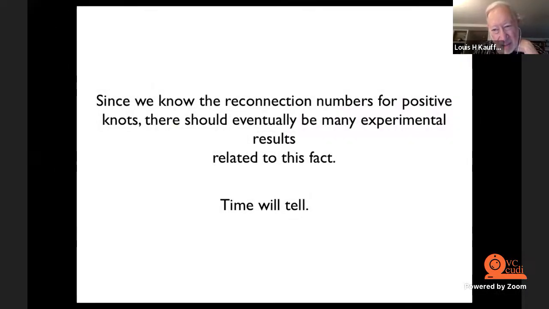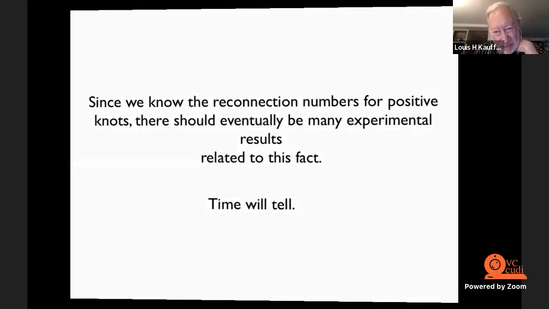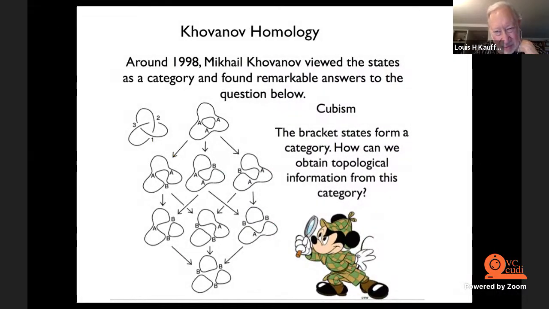So time will tell what happens to these results, but they're clearly useful results. Let me tell you a little bit about Khovanov homology, just so you get an idea about it. As I said, he has the idea of a category here, and he's going to up-level everything to study this category, this arrow pattern associated with the knot diagram of all oriented and unoriented reconnections.